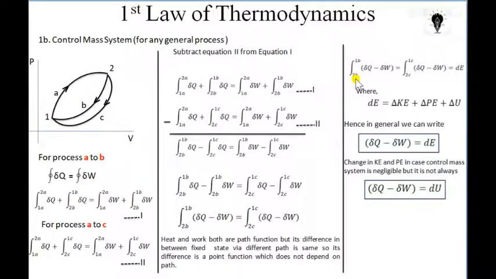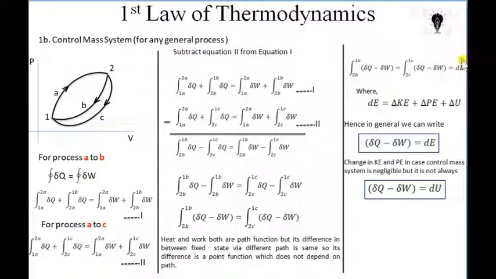So the integral of 2b to 1b of del q minus del w is equal to the integral of 2c to 1c of del q minus del w, equal to dE. It is nothing but the subtraction of all heat energy interaction minus all work energy interaction along any path drawn between two common states, which will be dE, and it is the same. It doesn't depend on the path.